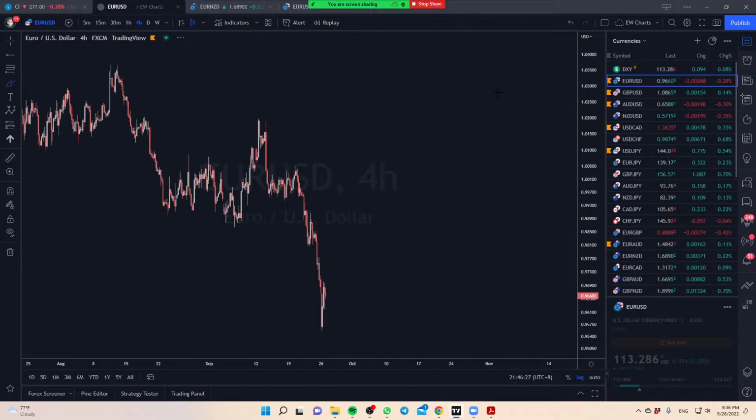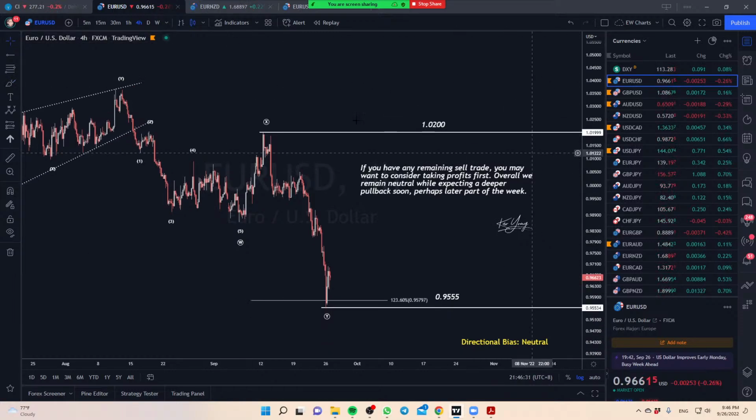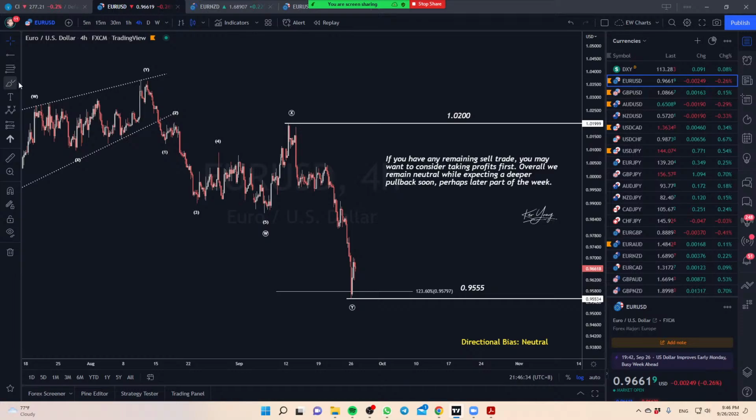And of course, if we flip it to the euro dollar, it's kind of inverse in its relationship. In euro dollar over here, we can see a very nice 1, 2, 3 as well. We do have a little bit of Fibonacci confluence around the 9555. Today we do see a little bit of a V-shaped reaction.